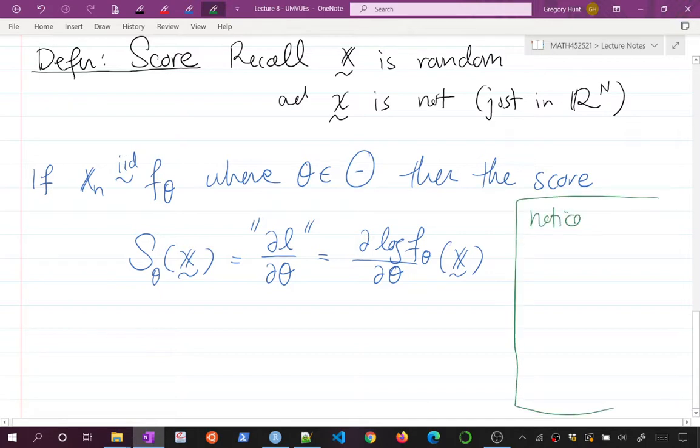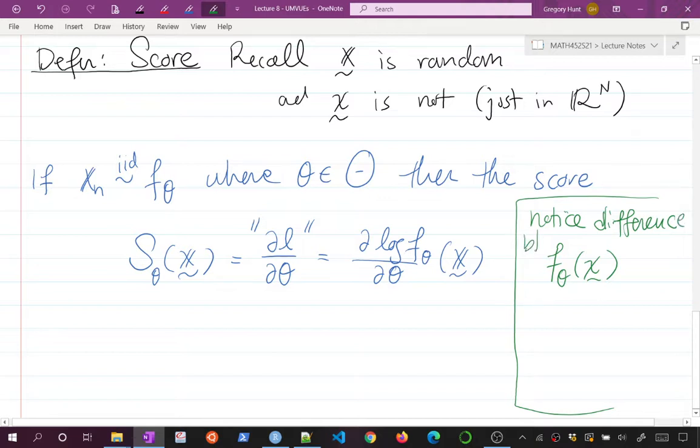Notice the difference, right? Normally we'd look at f theta of x, right? That is just some number, right? And I'm plugging in my x tilde, which is some vector.